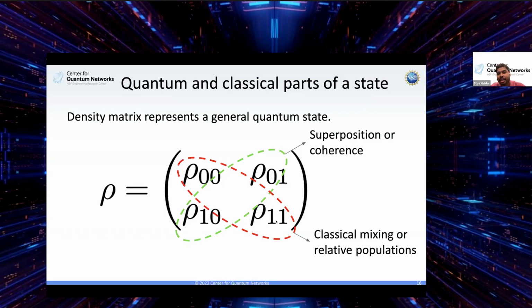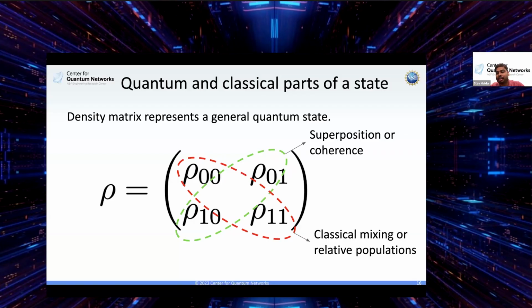The diagonal elements tell you the ratio of the populations, right? So this is the classical mixing part that I was talking about. In the bag you have some zeros and some ones, and you pick out at random, and the probability that you have zeros and the probability that you have ones is given by the diagonal.